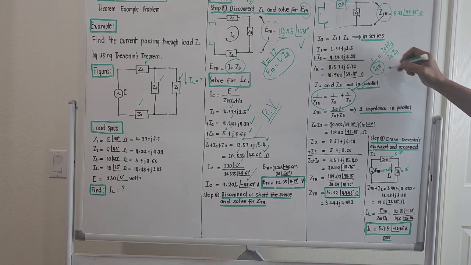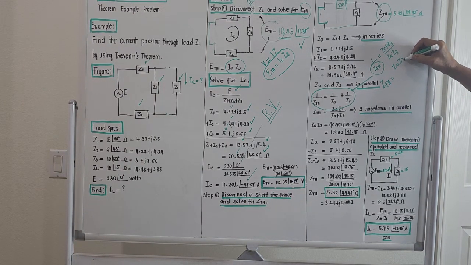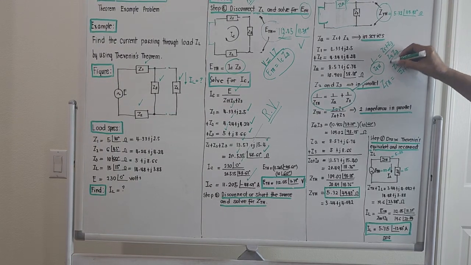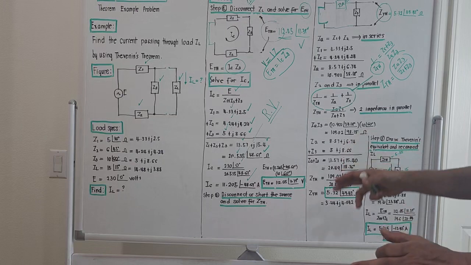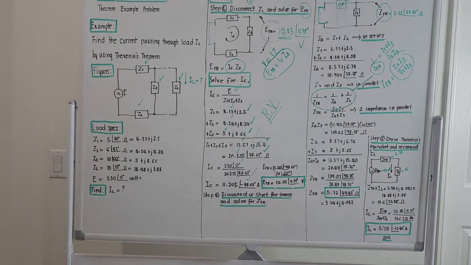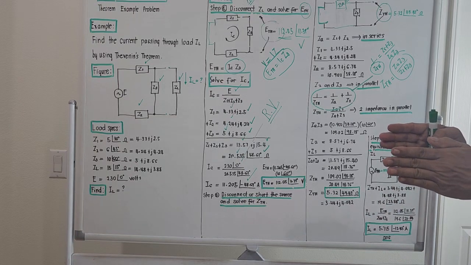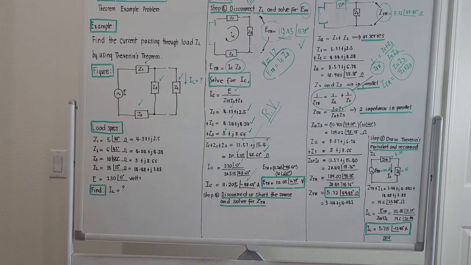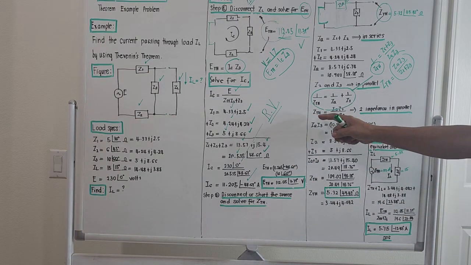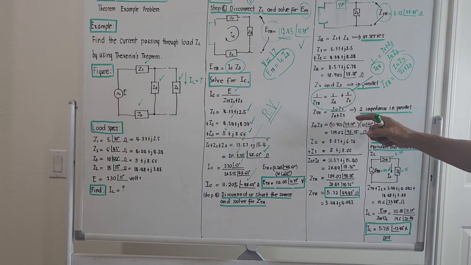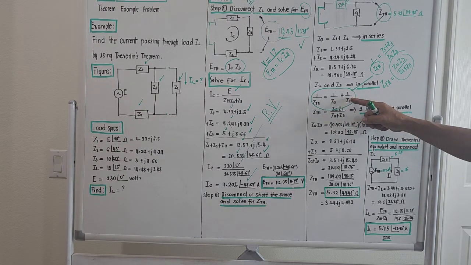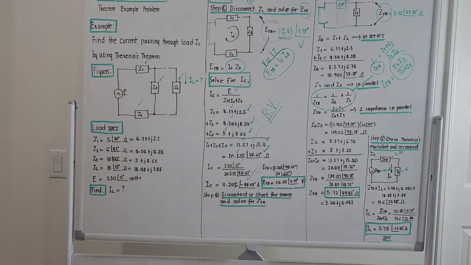And if we try to compute for this, CTH now will be the product CA-C3 over CA plus C3, if there are only two impedances in parallel. But if there are three, that's another thing. We better use the so-called admittance method.